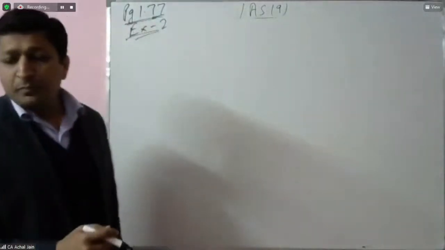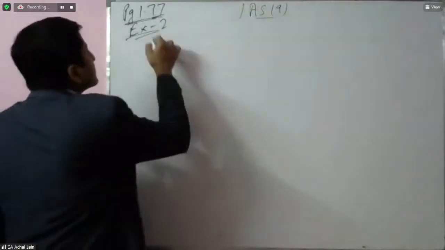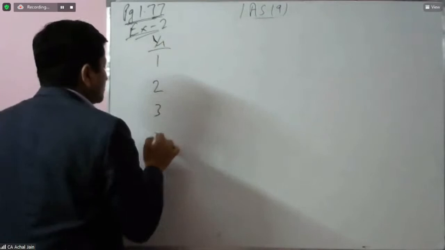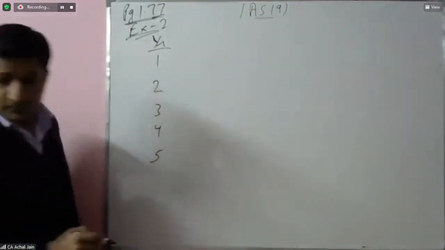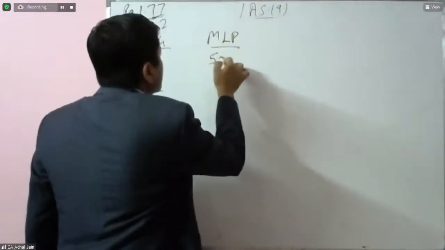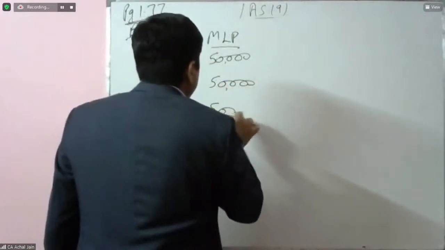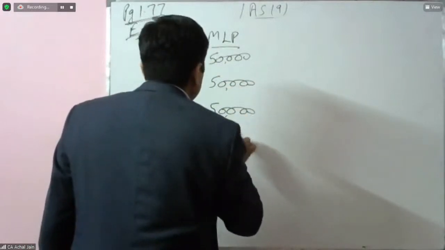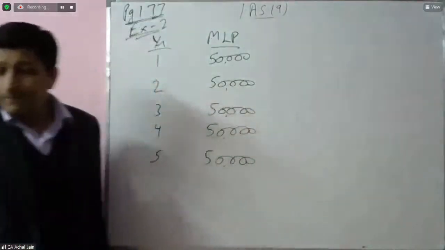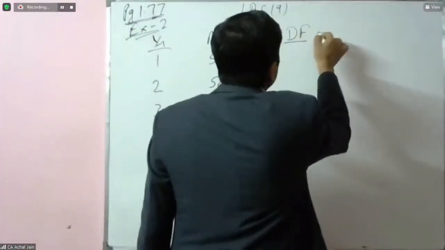So let's compute the present value of MLP in this case. Here 1, 2, 3, 4, 5. MLP is 50,000 each year. And the discount factor is also available.